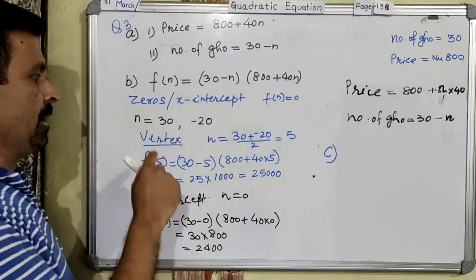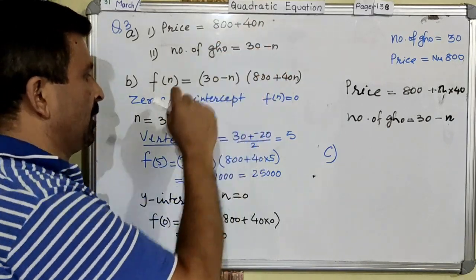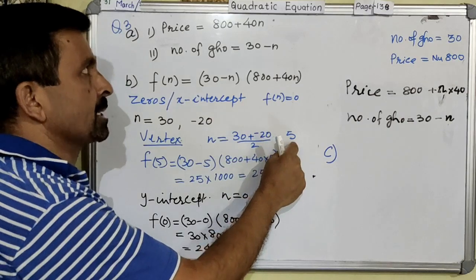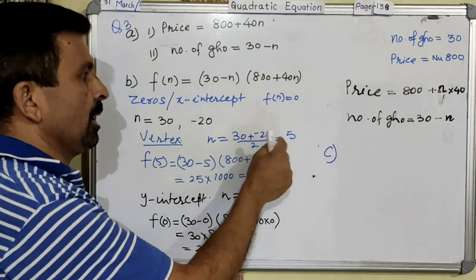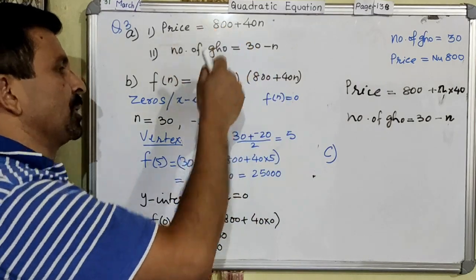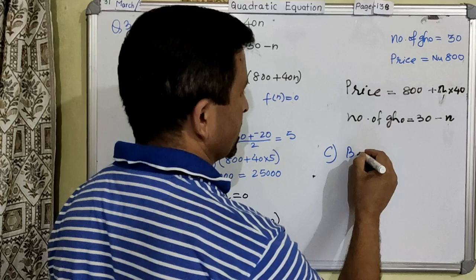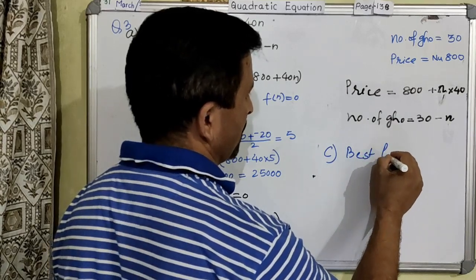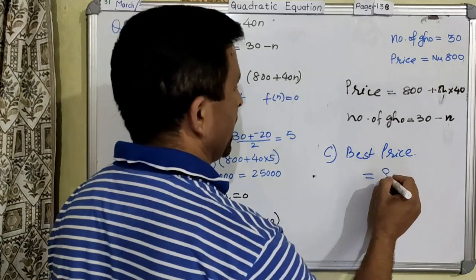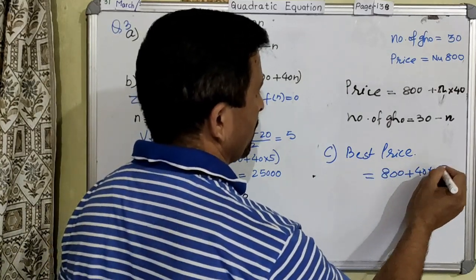Is this okay? And this price can be calculated from the vertex by using the n value of the vertex. So the n value of the vertex is 5. You will just put it here and you will get the best price. So best price is equal to 800 plus 40 into 5.